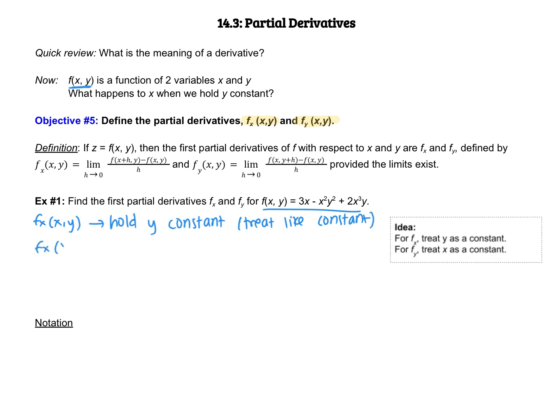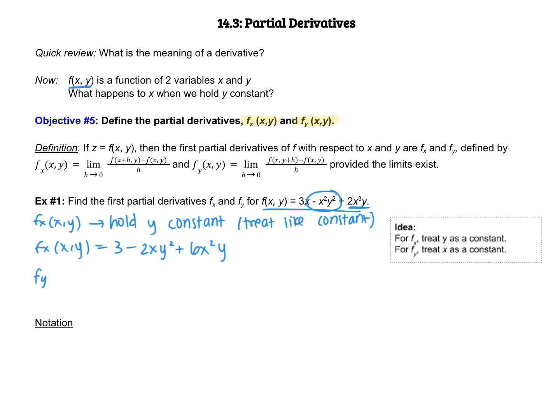So on my fx(x,y), that first term just becomes a 3. So then this middle term, I keep y squared constant. Y squared's just a number. So the derivative of x squared is going to be 2x, and then I have that y squared. And then that last term, again, y is just a number, so we ignore it. So we're going to end up with 6x squared, and then we have the y.